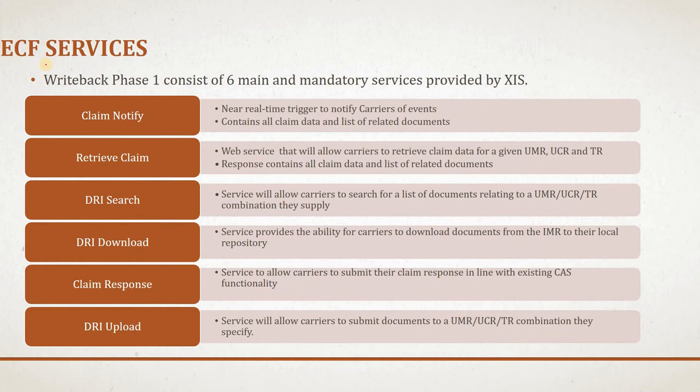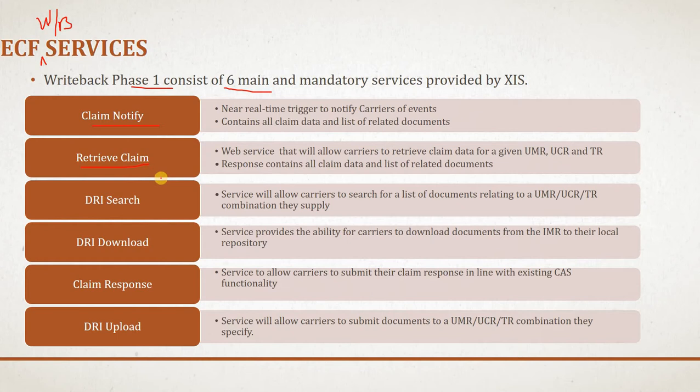Now the ECF Writeback functionality services: in phase 1, it consists of 6 main mandatory services provided by XIS. First one, claim notify. It was a near real-time trigger to notify carriers of the event, containing all the claim data and a list of related claim documents.